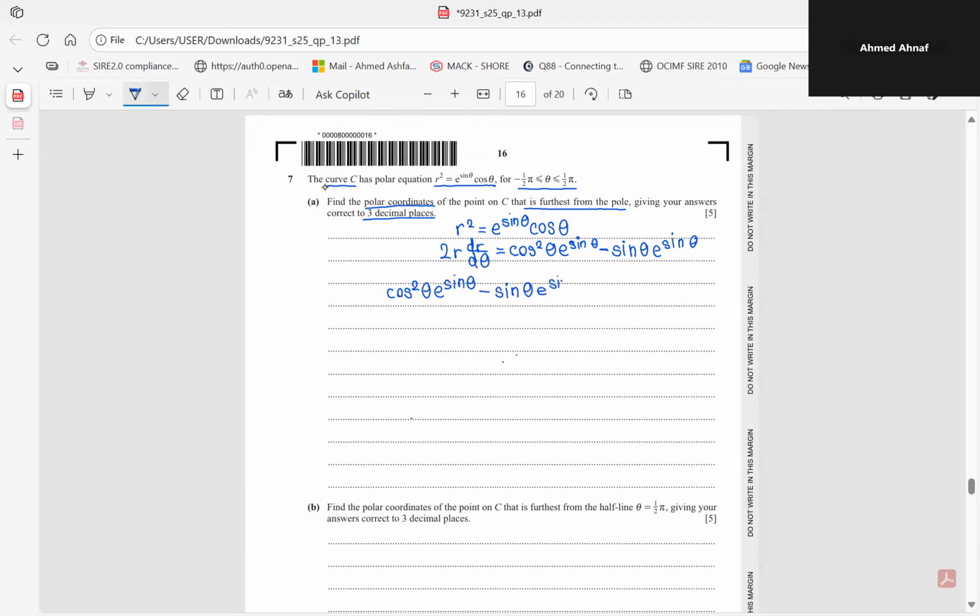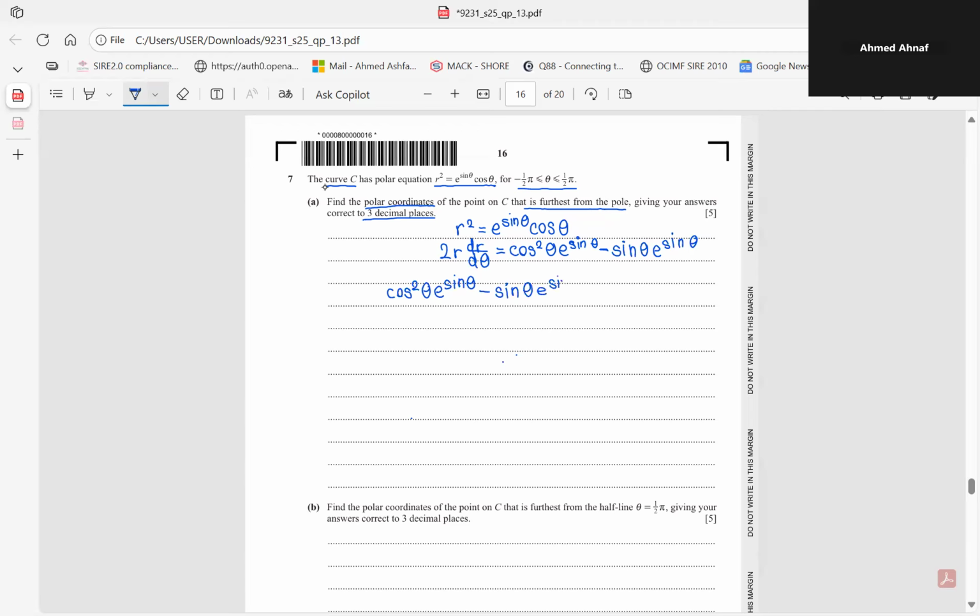Let's factor out e to the power of sine theta. Sorry guys, let me adjust my pen. So this is cosine squared theta minus sine theta equals 0.